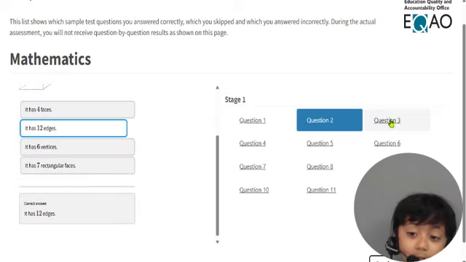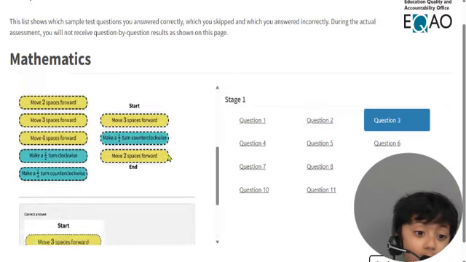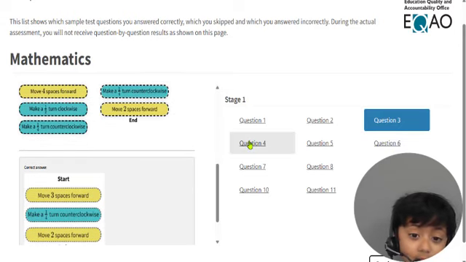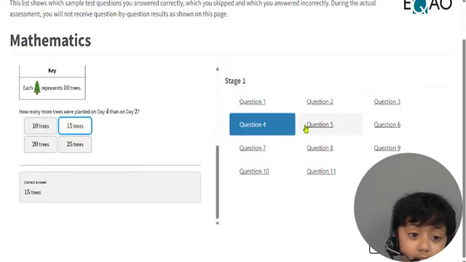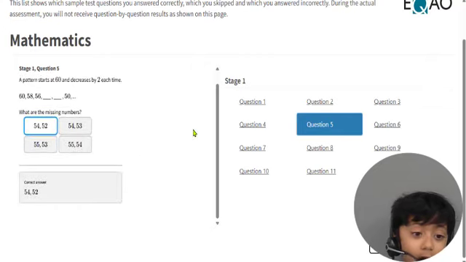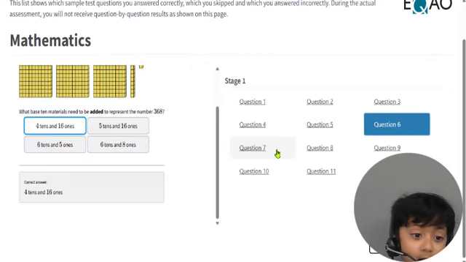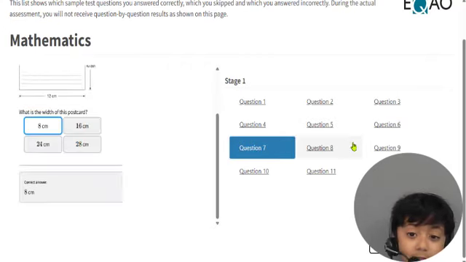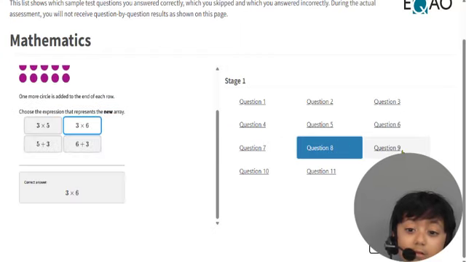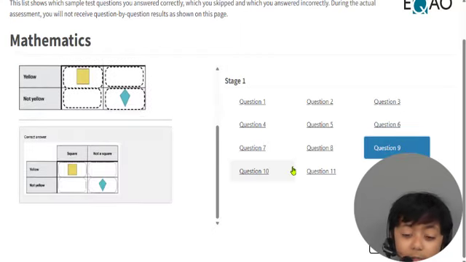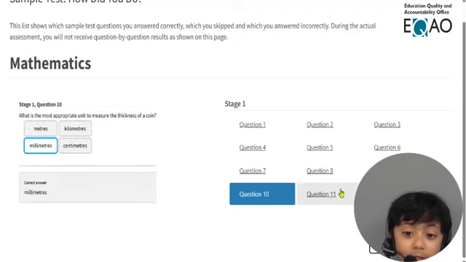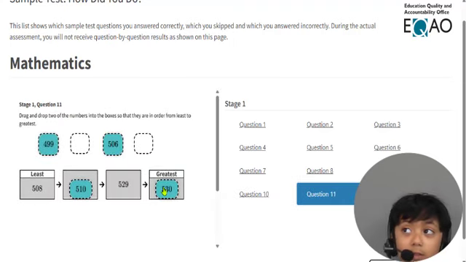Our second one, our third one, fourth one, fifth one, sixth one, seventh one, eighth one, ninth one, 10th one, and the 11th one.